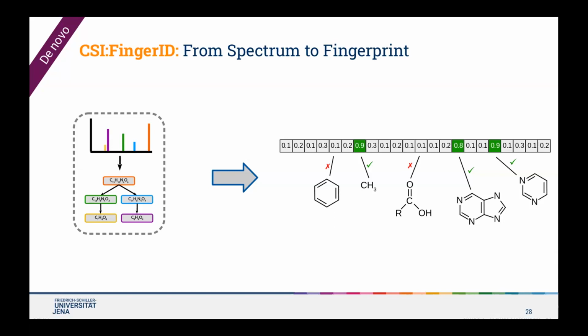And if there is a 0.5, the predictor says, I have no clue if it's in there. This is what we will use in a few secs for the structured database search. And if you look in the upper left of my slide, we are still de novo here. So we get this molecular structure representation without using a database so far.